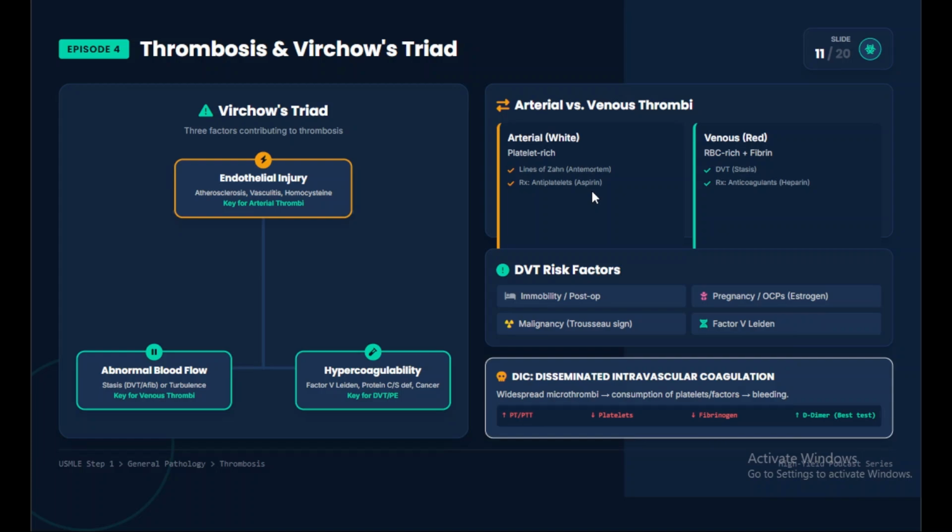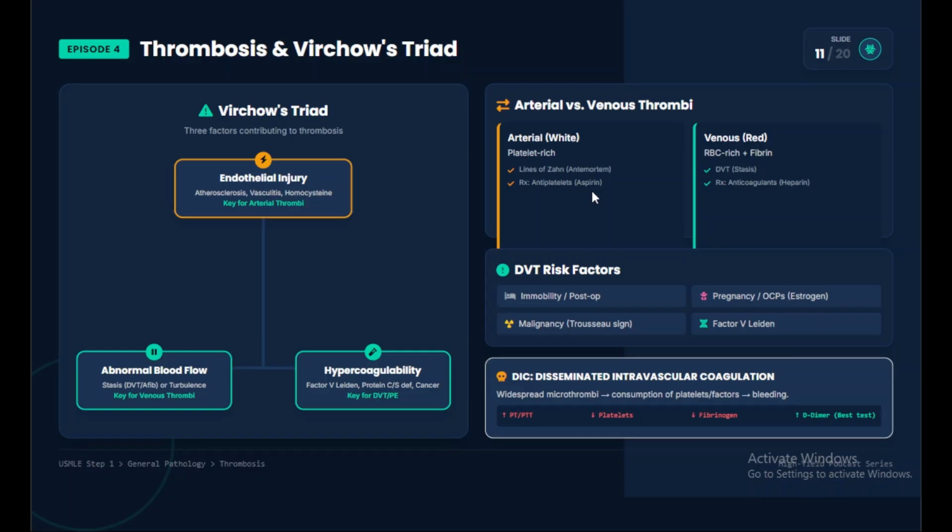If the patient is pregnant and she is using OCPs, oral contraceptives, estrogen is present in them, and pregnancy is also a high estrogenic state, and of course it is also a risk factor for hypercoagulability. Malignancy can lead to hypercoagulability, and you can see the Trousseau sign, migratory thrombophlebitis, which actually happens in pancreatic cancer.